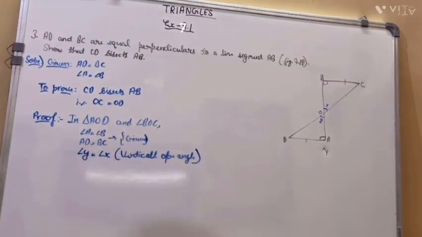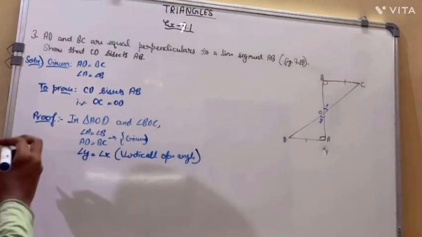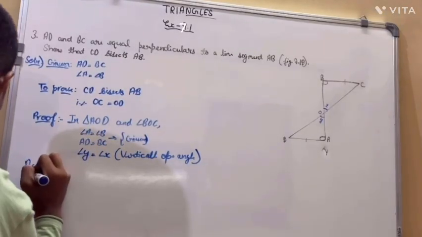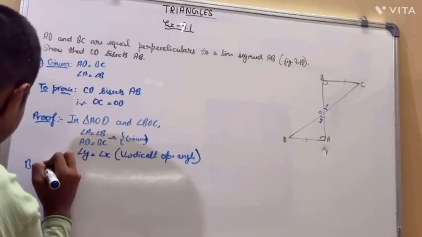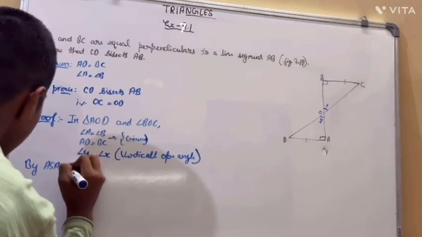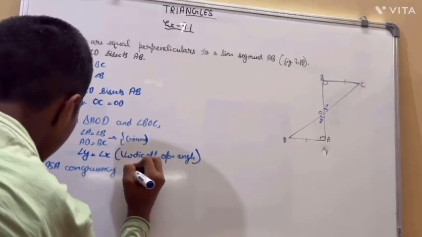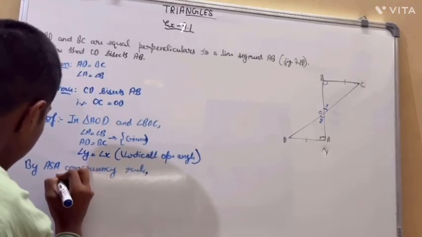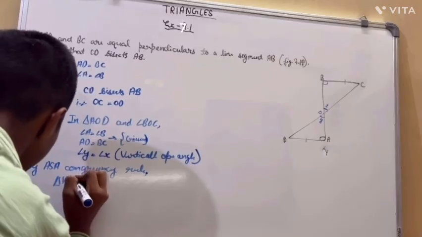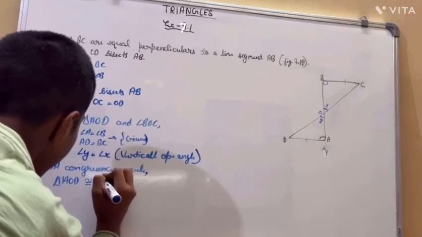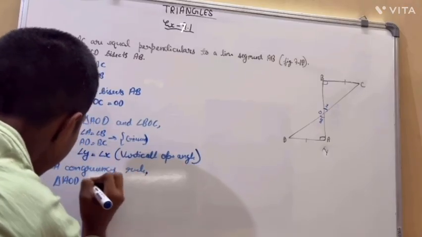Okay. So we will write here, by angle side angle congruency rule, triangle AOD is congruent to triangle BOC.